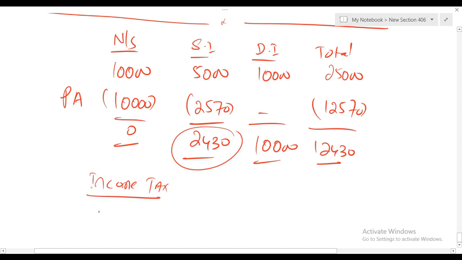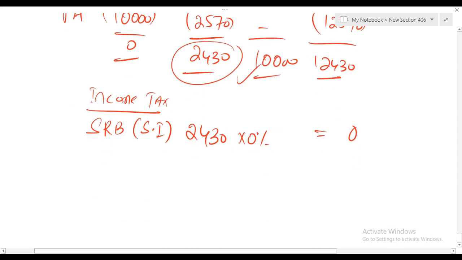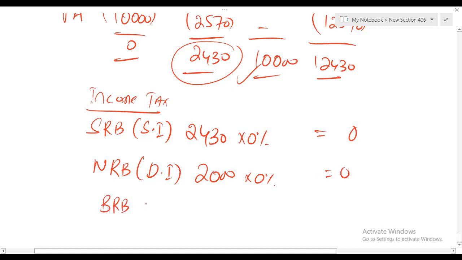Income tax. Starting rate band, saving income, 2,430 at 0, obviously it is 0. Now I need to tax dividend income, which is now 10,000. Nil rate band, dividend income 2,000, obviously it is 0. Basic rate band, dividend income 8,000 at 7.5%, so it comes to 600.